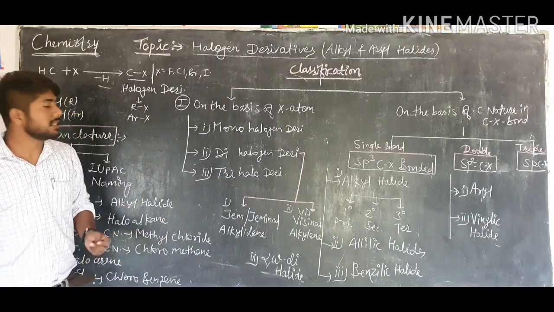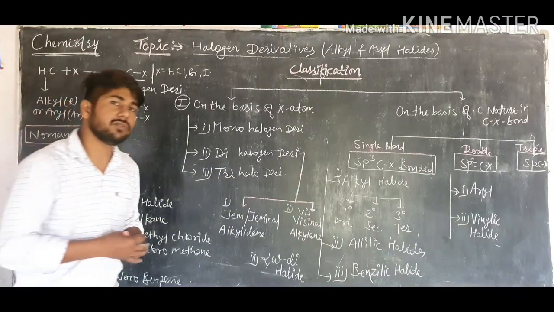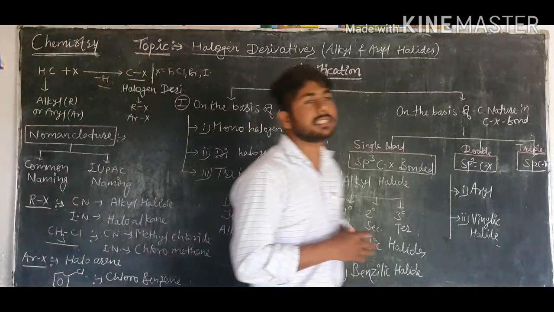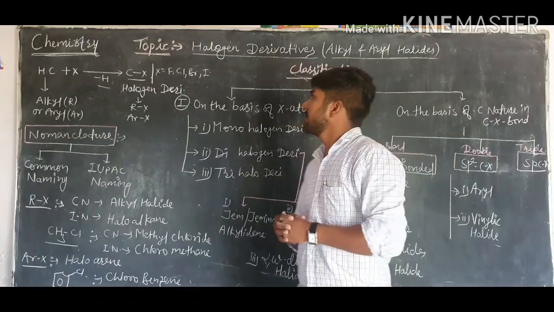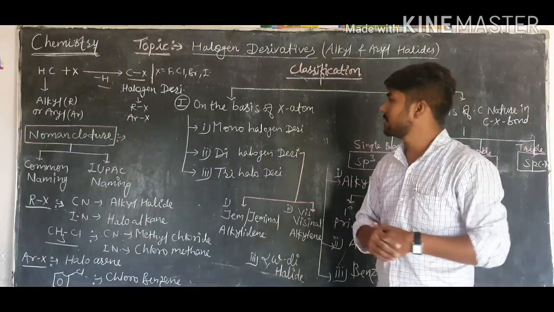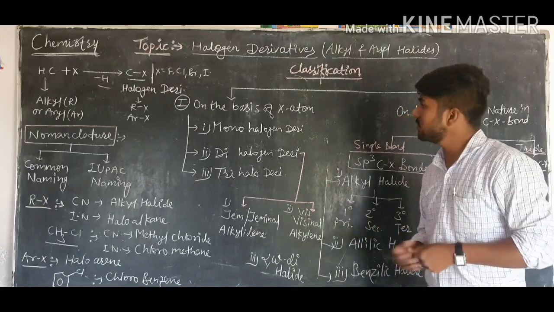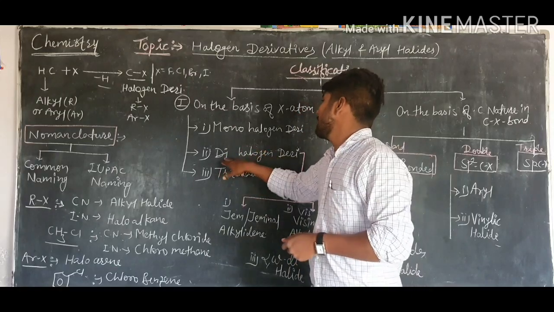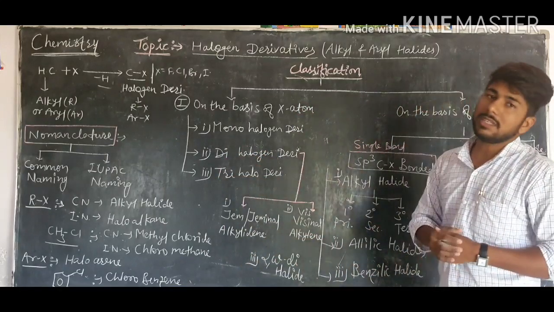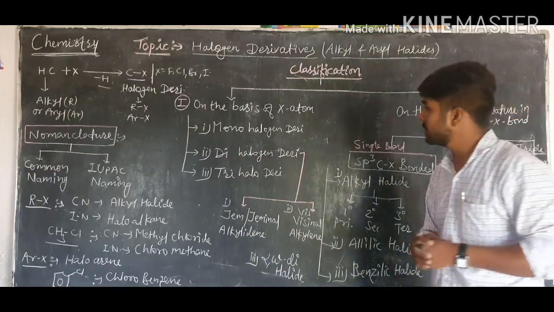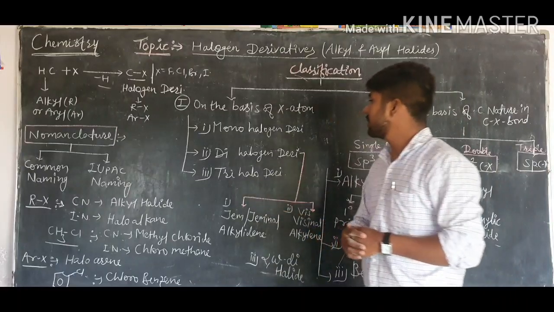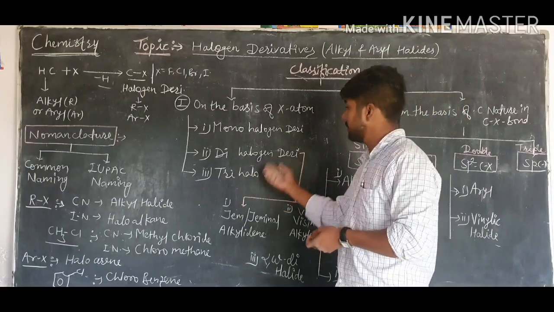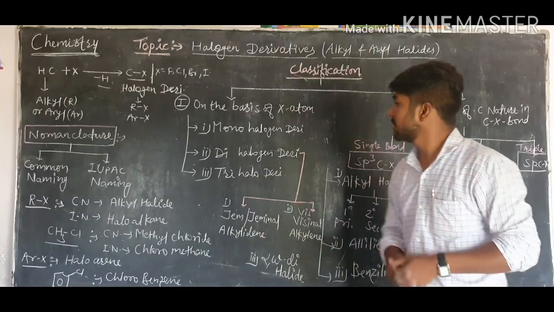In a monohalogen derivative, one halogen is attached to the hydrocarbon. As the name suggests, a dihalogen derivative contains two halogen atoms and a trihalogen derivative contains three halogen atoms.